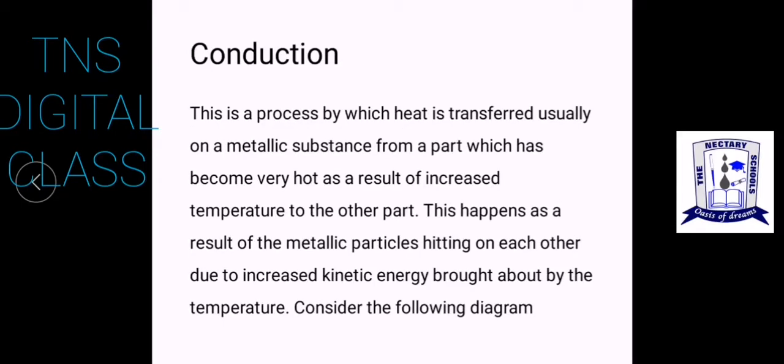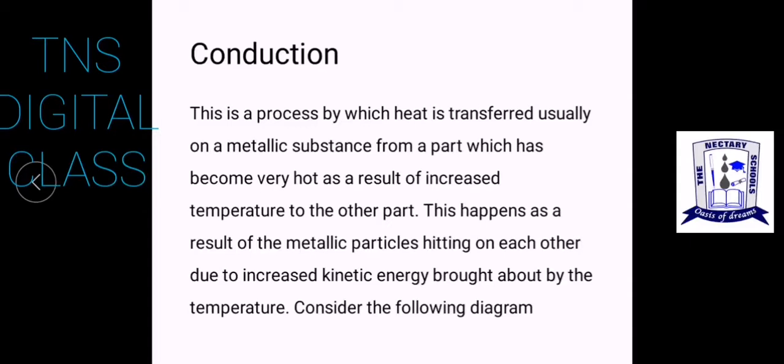Now the first one we'll be looking at is conduction. Conduction is a process by which heat is transferred, usually on a metallic substance. When we say metallic substance, we mean solid substance, most of which looks like iron, as in what is common to us, something like a nail. A nail is a metallic substance, and when this metallic substance gets heated, then heat moves or flows through it.